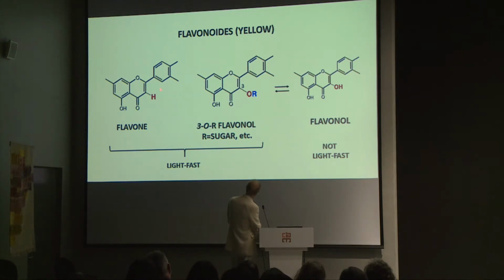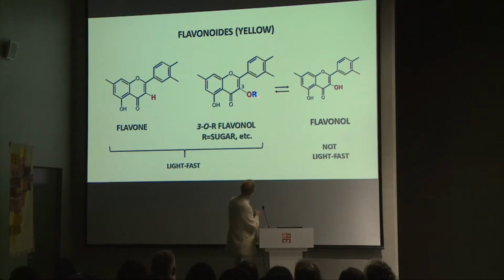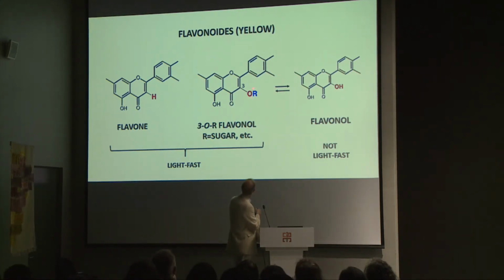In weld, it's a hydrogen, and this is fairly light fast as yellow dyes go. But if you put an OH group there, it rapidly decomposes in the presence of light. However, if you put a sugar on that, substitute the hydrogen with the sugar, you get something that's fairly stable to light.